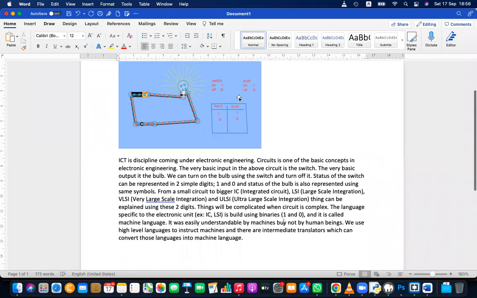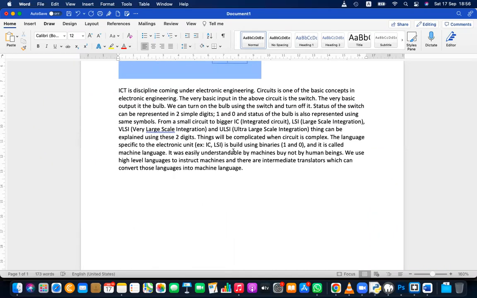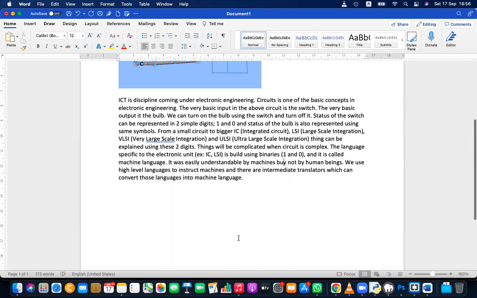The alphabet of electronic engineering is binaries. But when you learn the alphabet, still you can't talk, because you need to learn words, spellings, grammar, and the coherence, how to build sentences and how to express that. All these things depend on your language skills.